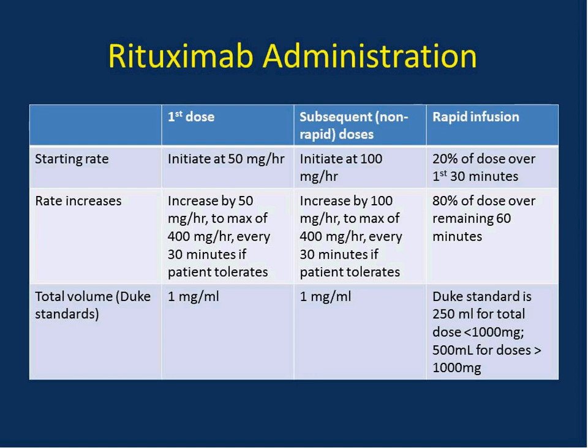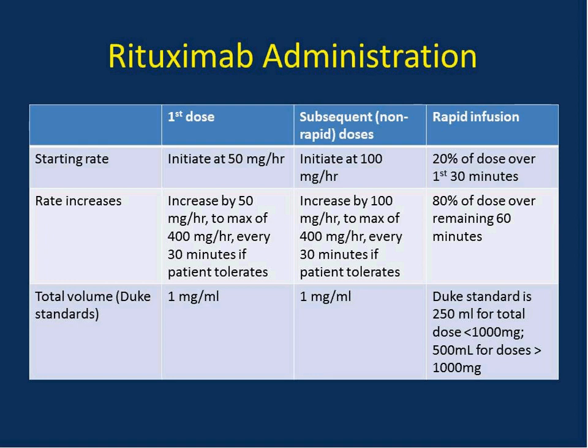This is more a pharmacy thing, but as far as total volume, typically with either the first dose infusion or standard non-rapid infusions, we would make it as a 1 milligram per mil infusion. So if you're giving a patient an 800 milligram dose, the patient would be getting 800 milliliters of fluid.